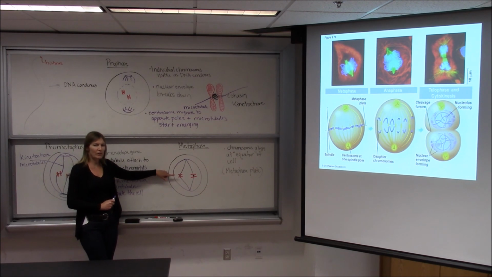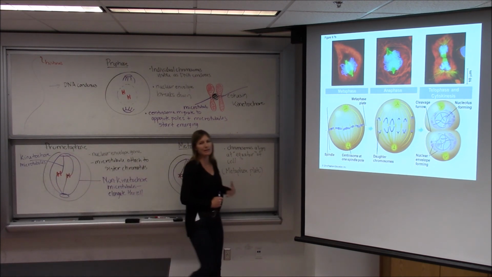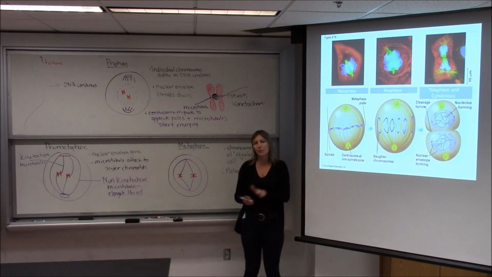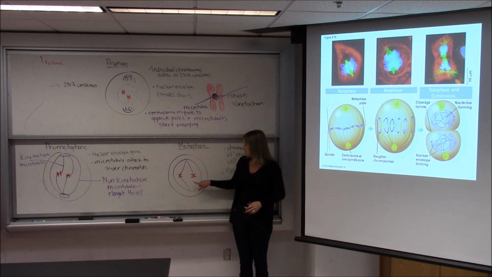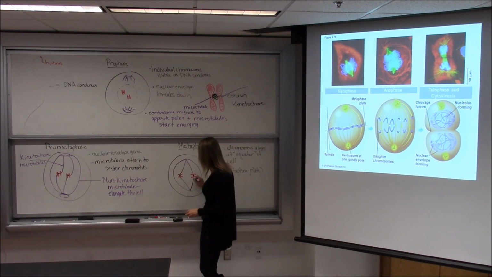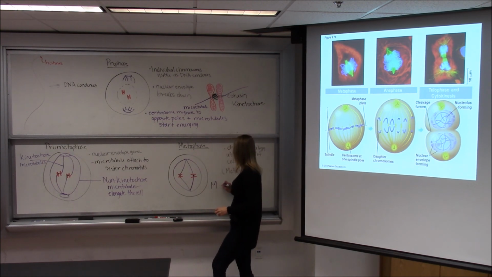We want to make sure every kinetochore is correctly connected to a microtubule before we pull those apart. What if this was not correctly connected? One cell is going to get too much DNA and one cell is not going to have enough. We don't want that to happen. So we're going to go through a very important checkpoint called the M checkpoint. It's also called the spindle checkpoint.